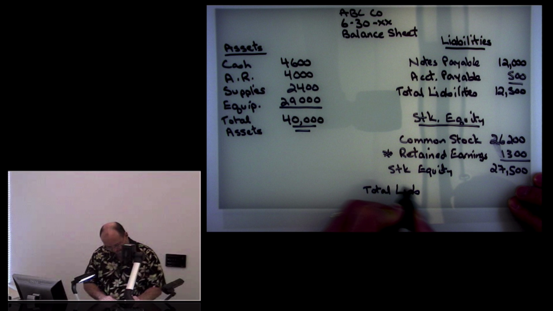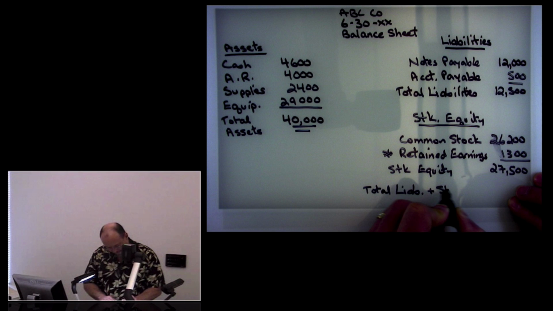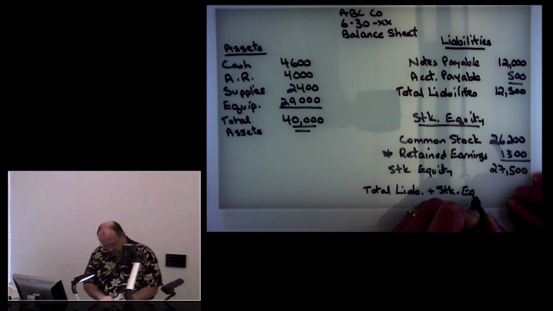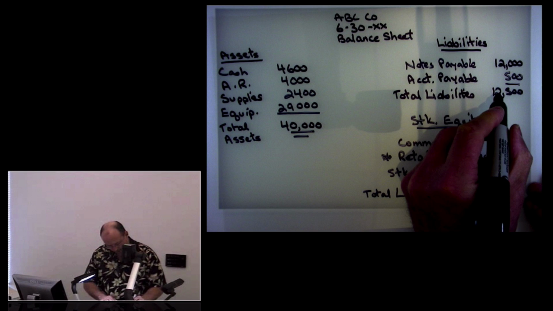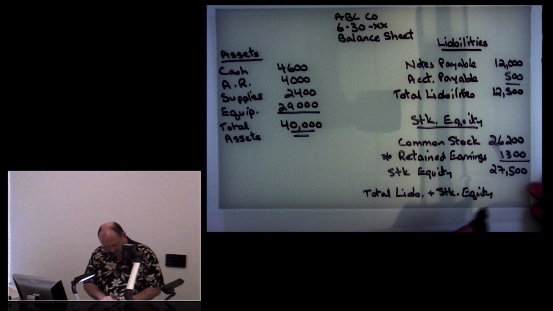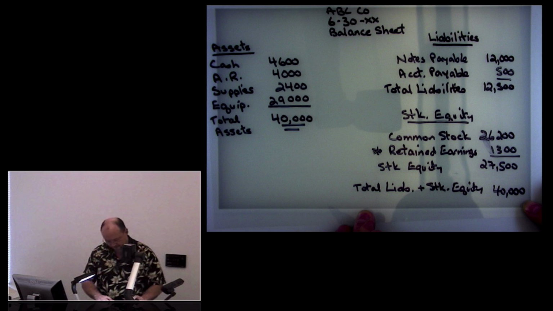Okay, so stockholders' equity equals $27,500, and total liabilities plus stockholders' equity equals $12,500 plus $27,500, $40,000. Hopefully you can see that.